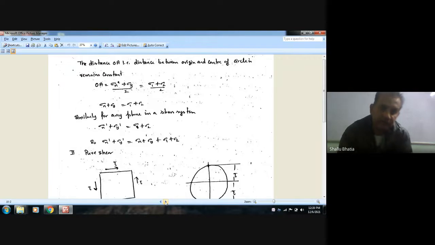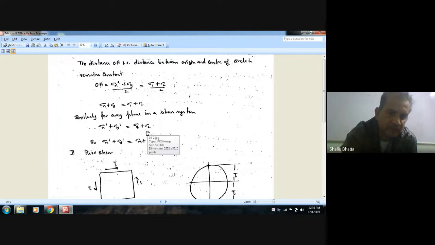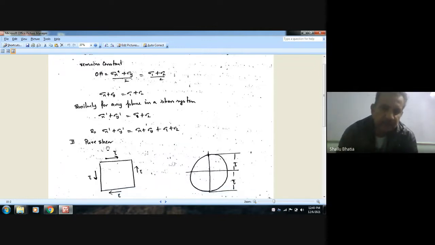Then sigma x dash plus sigma y dash by 2 is also equal to sigma 1 plus sigma 2 by 2, and the 2 will cancel out. So we can say sigma x dash plus sigma y dash is equal to sigma x plus sigma y, which is equal to sigma 1 plus sigma 2.